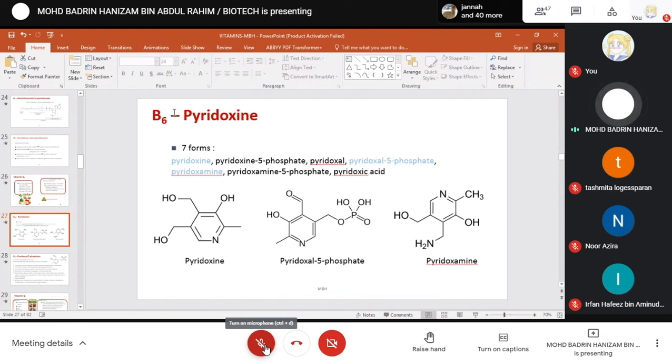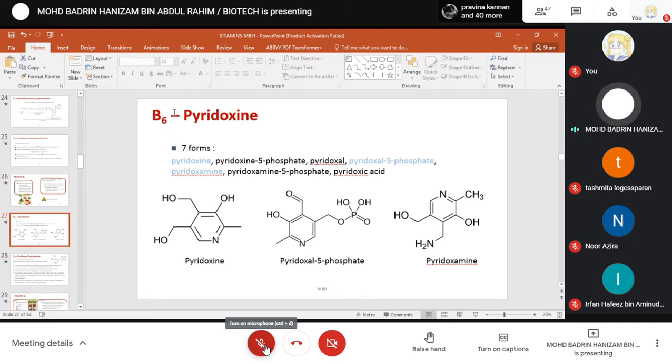Pyridoxine is slightly complicated because it contains more than normally the vitamins that we already discussed from vitamin B1 up to vitamin B5. Those only have one or two cofactors.